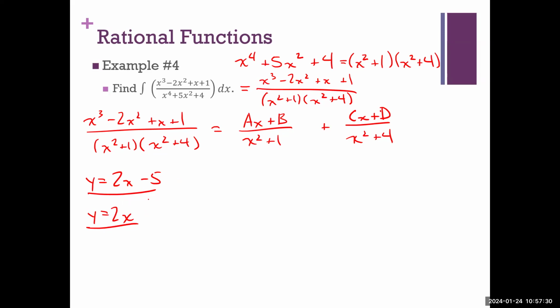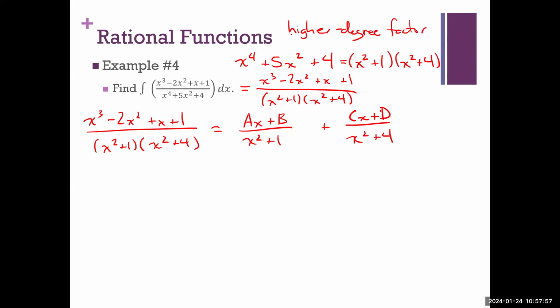But I don't know that it's not going to have a constant, so I have to allow for it. We recently talked about the repeated root special case. This is a higher degree factor. So that's why if my denominators are degree 2, then I have to allow my numerators to be degree 1.